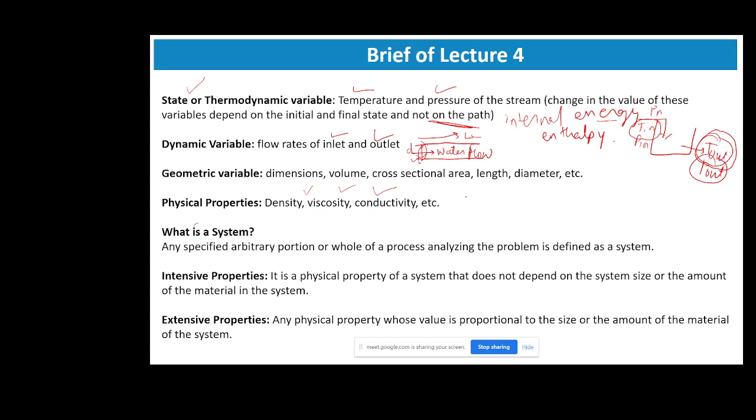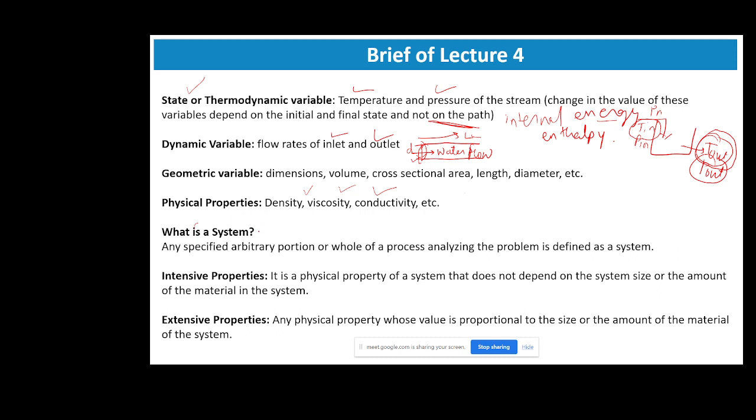For example, density, viscosity, conductivity. Suppose you have a solid and you want to measure the density; by measuring the density you will not change the form or state of the solid. So that is a physical property.